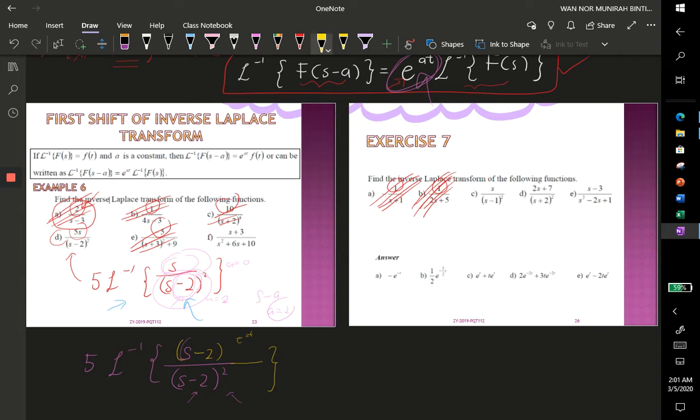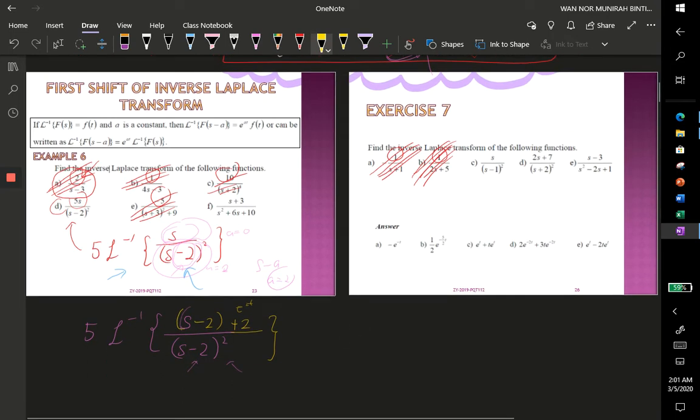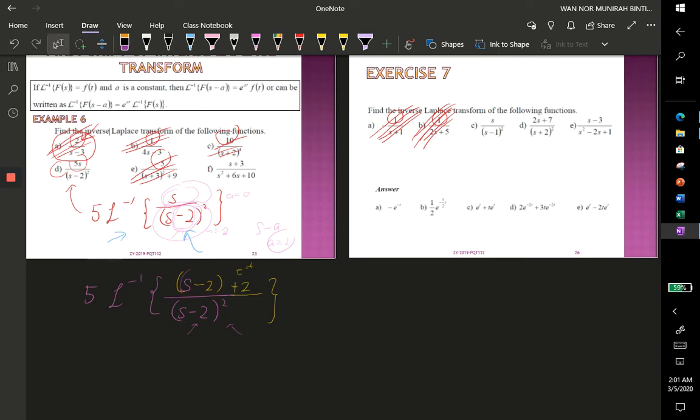In order to get s, you must add a constant. s minus 2 plus 2 is s. Now after you modify your function, you need to apply the linearity property. Remember linearity property, we break this function into simpler functions. So I have 5 for the whole thing. Laplace inverse of, I break this function into 2: s minus 2 over (s minus 2) squared.